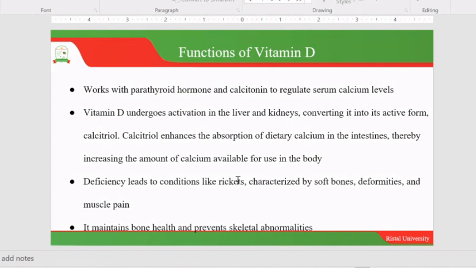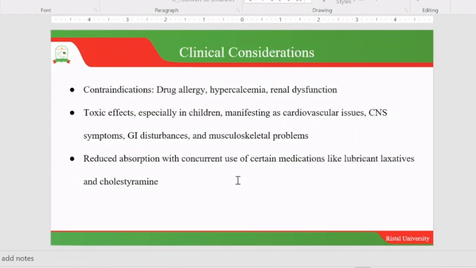And also we are saying its deficiency. The deficiency of vitamin D will lead to things to do with rickets, where we are talking of the bow legs, characterized by softness, deformities, and also muscle pain. And we are saying it maintains bone health and also prevents skeletal abnormalities due to its role in calcium metabolism.